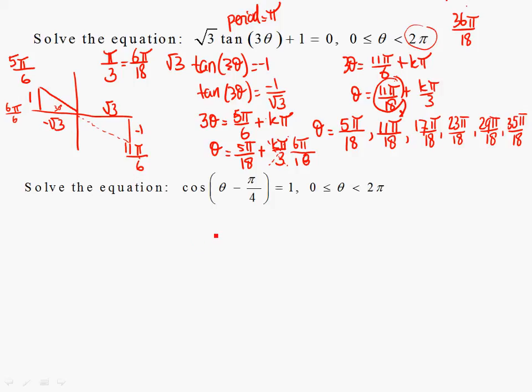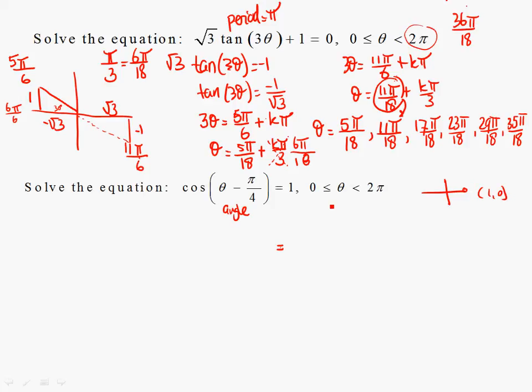Alright, so what about this one? This one's sort of set up for us already. So this represents an angle, right? At what angle is your cosine 1? I think it's 1 at 0, right?